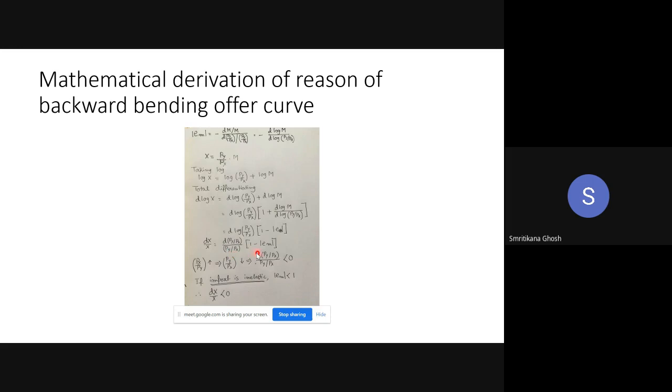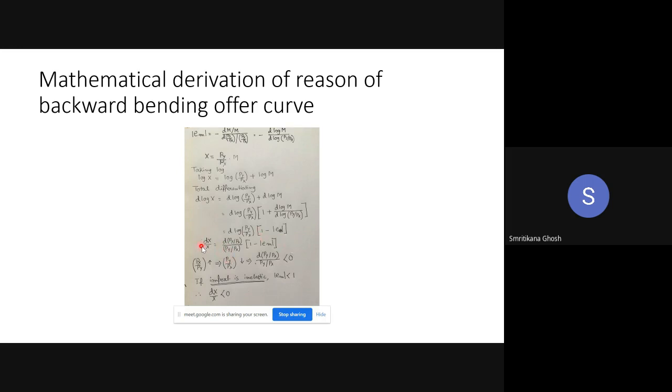Now what about the portion in the third bracket? If import is inelastic, that means if this is also less than 1, then 1 minus something less than 1 means the product is greater than 0. The third bracket is greater than 0. The first part is less than 0. So the product, that is my total right hand side, will be less than 0.